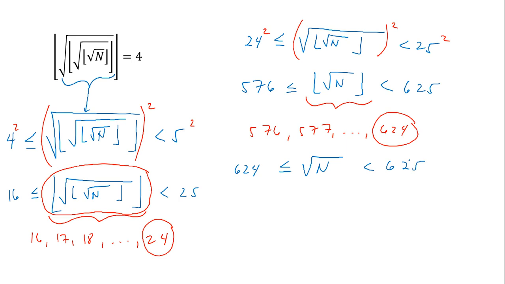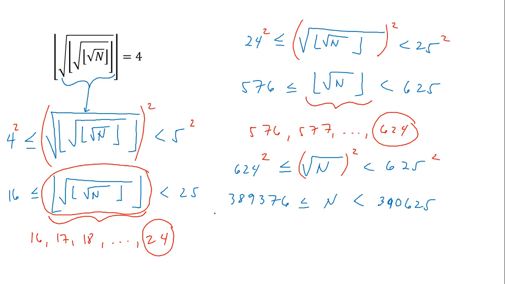Let us square the inequality one more time to get rid of the last square root symbol. The square of 624 is 389,376, and then we have n less than 390,625.